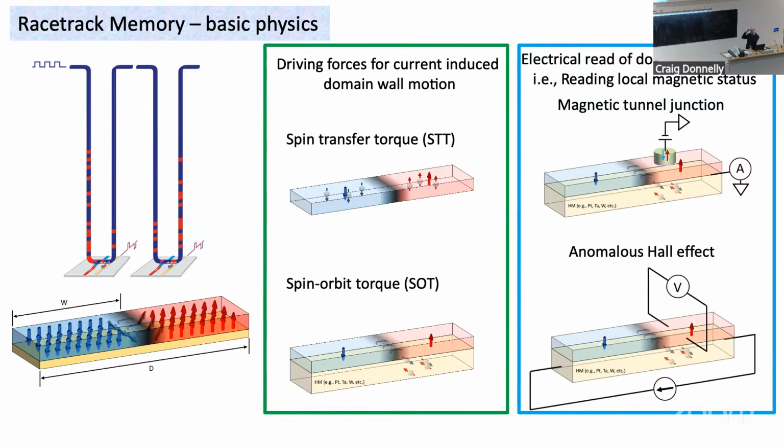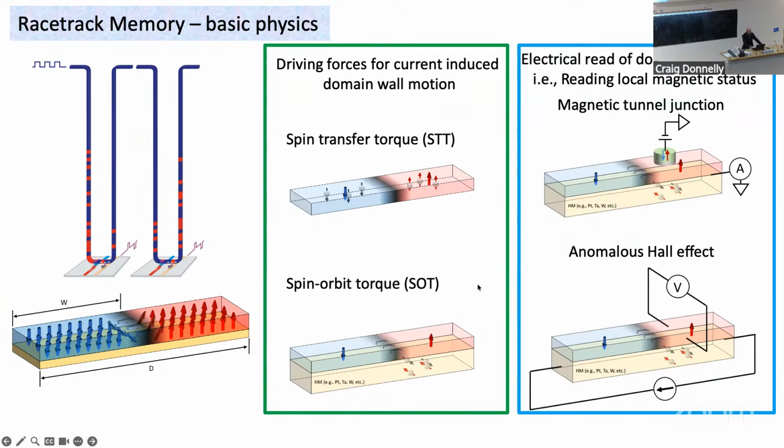It would have very high performance because, through a combination of either spin transfer torques or this spin orbit torque, where spin currents are generated through spin Hall effects in neighboring non-magnetic layers to generate even larger spin currents and a different type of torque on these domain walls, we can move the domain walls at speeds of up to 1 kilometer per second.